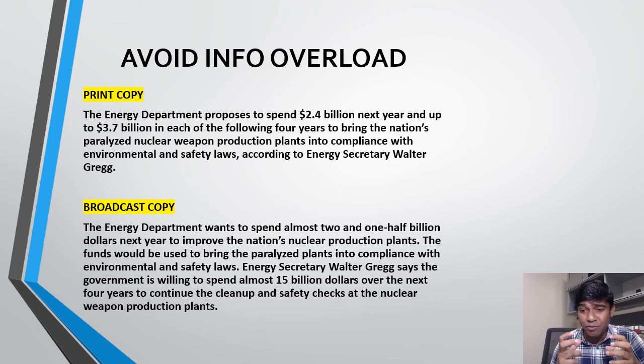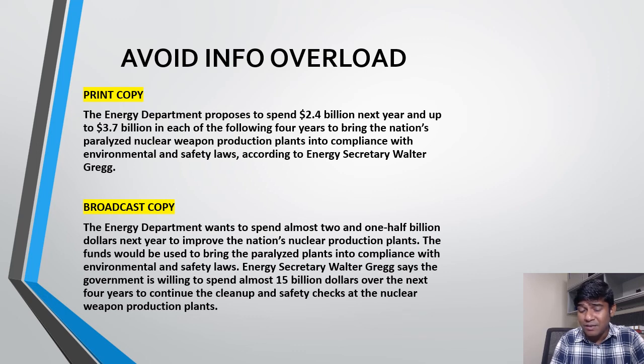What do I mean by loose? Try to divide the sentences, try to break the flow of the print media and convert it into the flow of the broadcast media. You will find a difference as you read out the broadcast copy. The Energy Department wants to spend almost $2.5 billion next year to improve the nation's nuclear production plants.